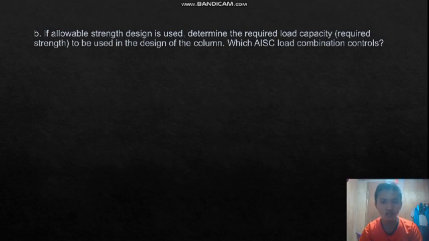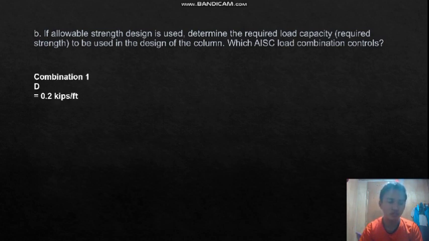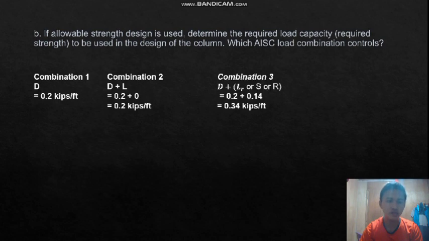Next, if allowable strength design is used, determine the required load capacity to be used in the design of the column, and which ASCE load combination controls. Combination 1, D, which is 0.2 kips per foot. Combination 2, D plus L, is equal to 0.2 plus 0 since we don't have live load. So we can get 0.2 kips per foot. Combination 3, D plus (Lr or S or R).